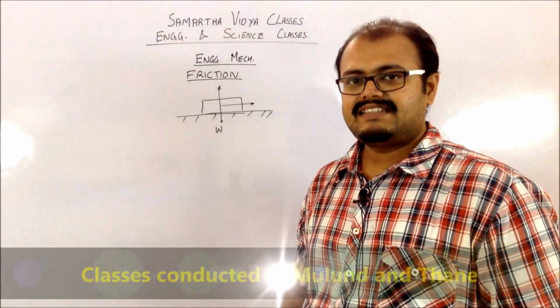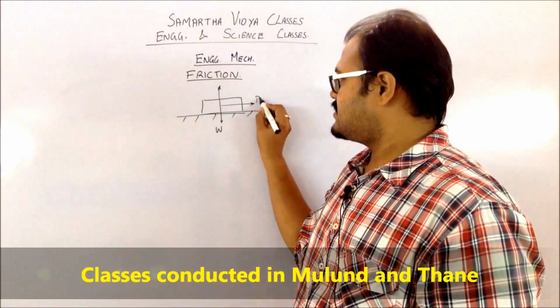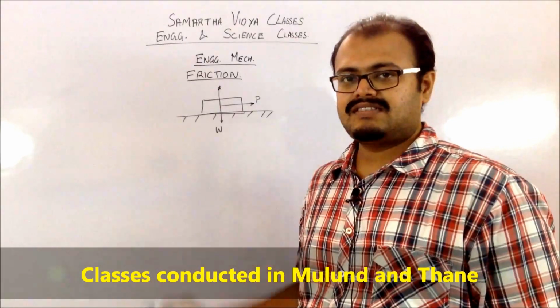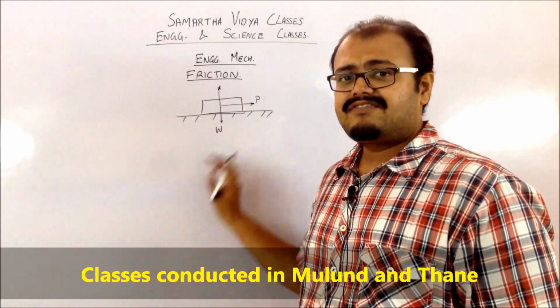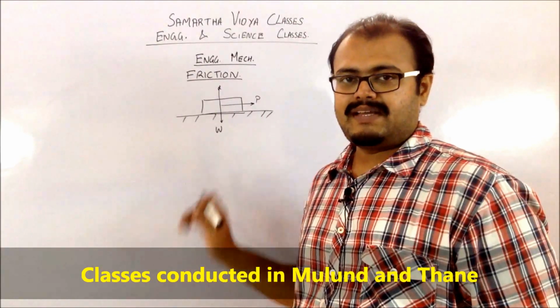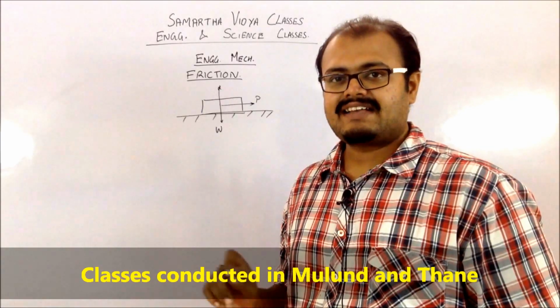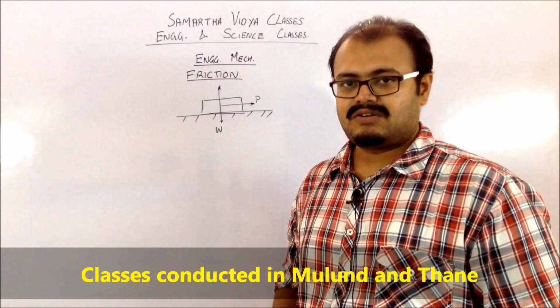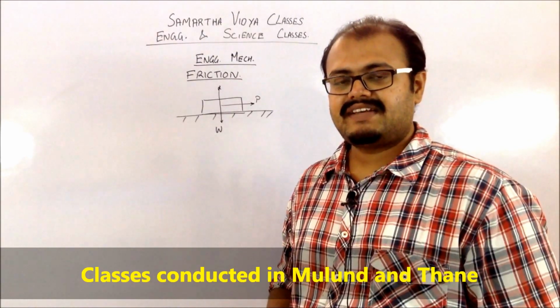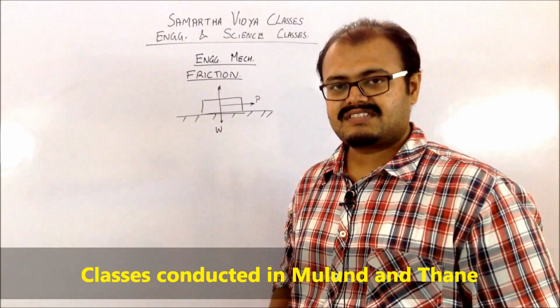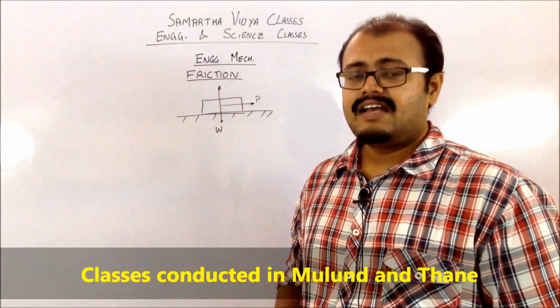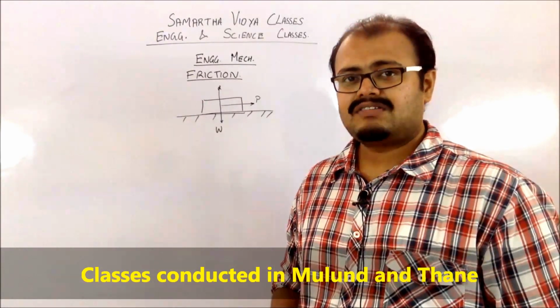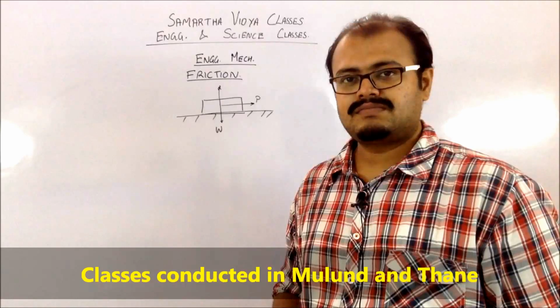Now if there is a pull P in this direction on the weight, and the surface is smooth, it will move quite easily as soon as the force is applied. But if the surface is not smooth, then we have to consider a force which is called friction. So friction arises because the surfaces are not smooth in nature.